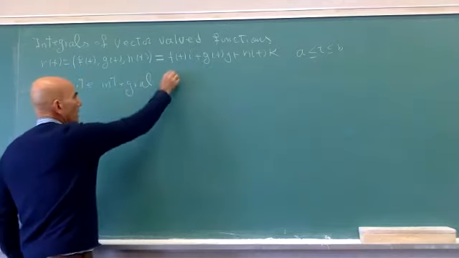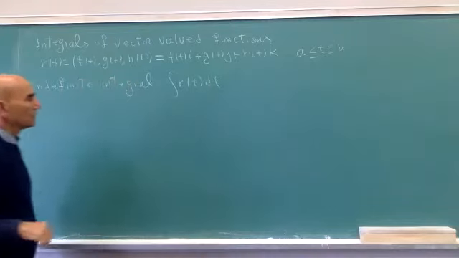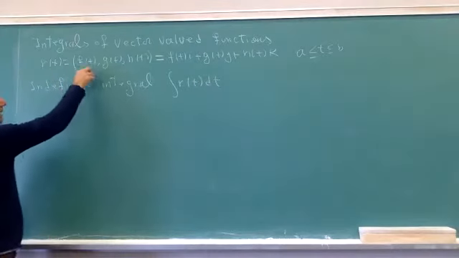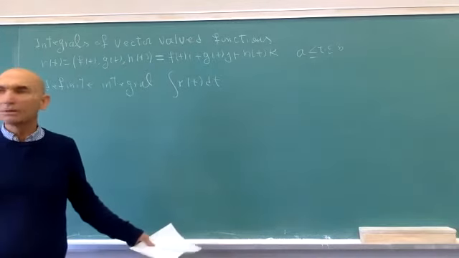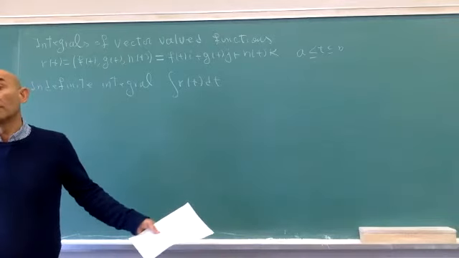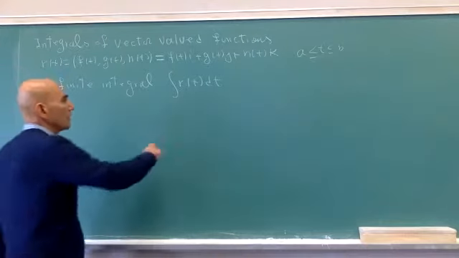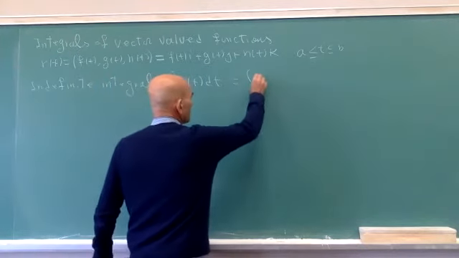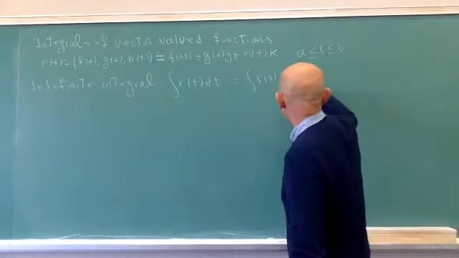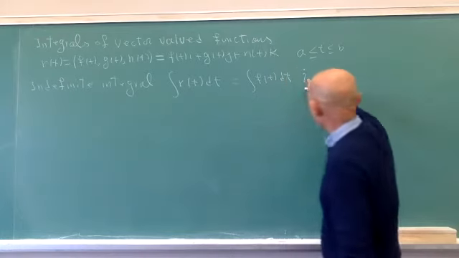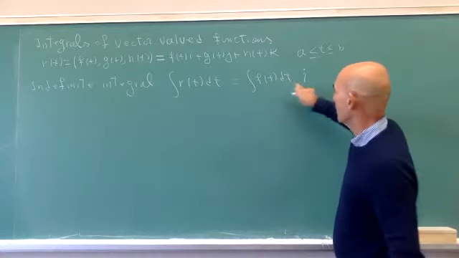Here is the definition. You can just take the indefinite integral of each component. The result is going to be a vector again, because each component gives you a new function, so it's a vector valued function. This is equal to the integral of f of t dt times i. Remember, this i is a unit vector, so it is separate from the integral.